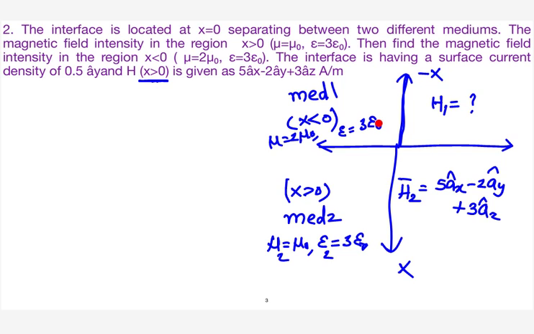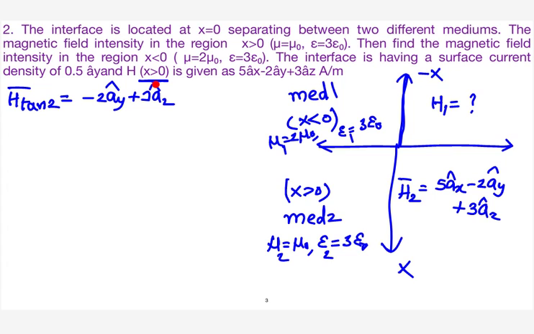Since it is medium 1, you change the conventions accordingly. Now, what is H tan 2 in this case? Minus 2ay plus 3az cap. So find H tan 1.